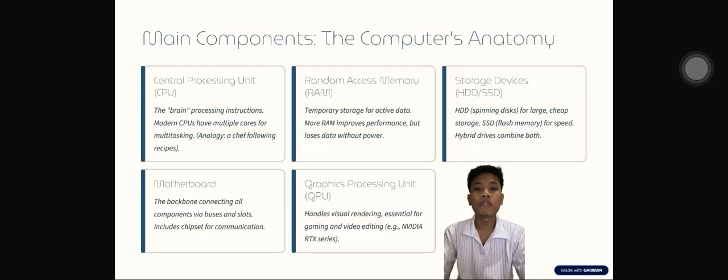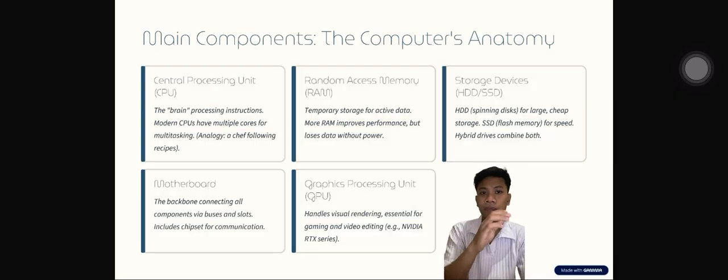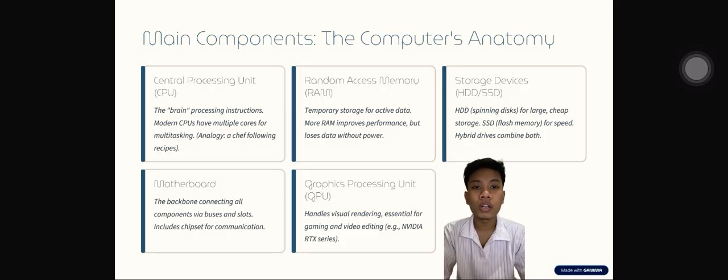More RAM improves performance. Disadvantage, it loses data without power. The third one, storage devices, HDD and SSD. HDD uses spinning disks for large cheap storage, and SSD uses flash memory for speed.